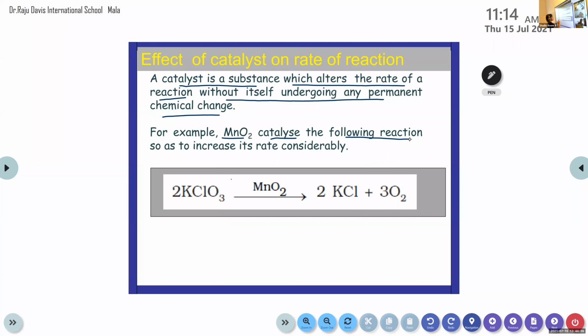Consider the reaction 2KClO3. In the presence of the catalyst MnO2, it decomposes to KCl and oxygen. So this is an example of a catalyzed chemical reaction.